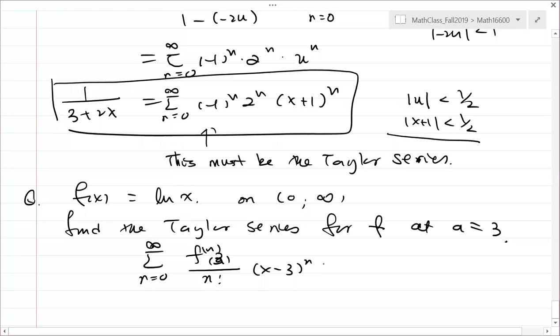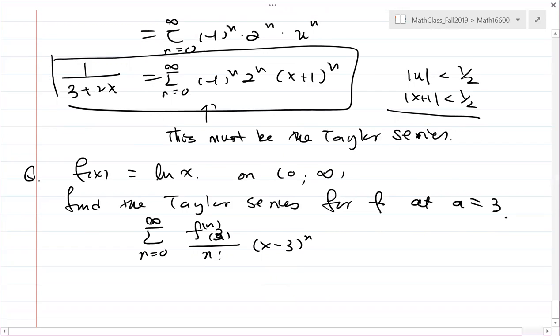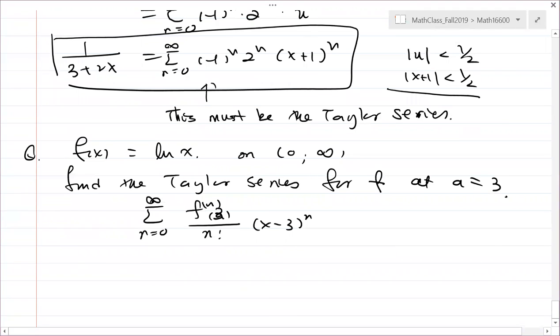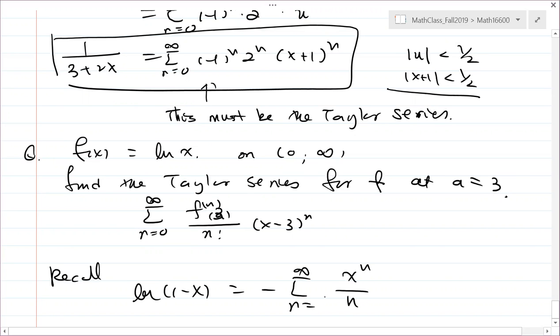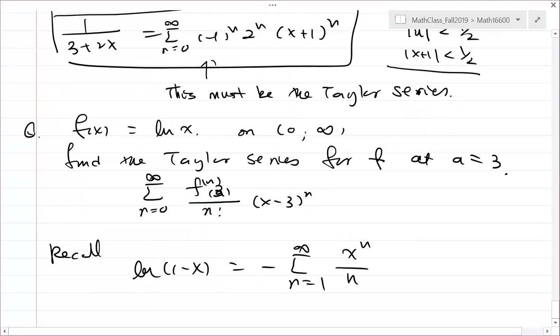But I prefer the second method because we're already familiar with the natural log of x. So we recall that the natural log of 1 minus x is going to be negative sigma, n starting from 1, of x to the n over n.